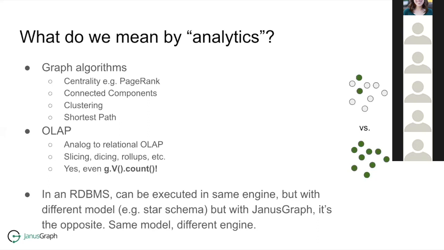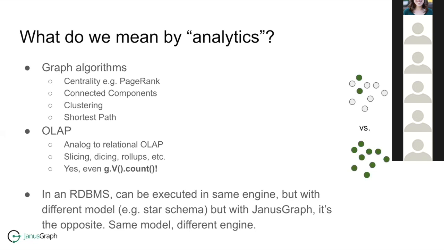Another way I like to compare and contrast, just because a lot of people who use graphs, of course, come from the relational or other database world, is one difference between graph analytics and relational analytics. In a relational database, this isn't always the case, but generally speaking, especially for small to medium-sized data sets, you can run analytics in your relational database, but you may change the model.